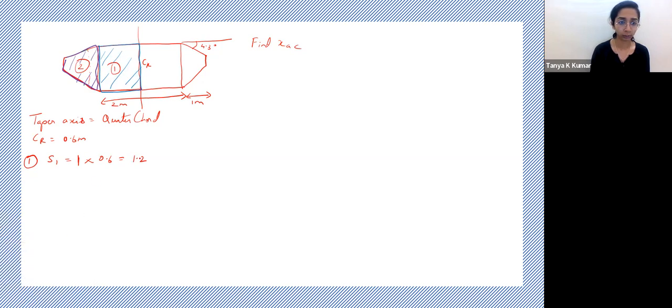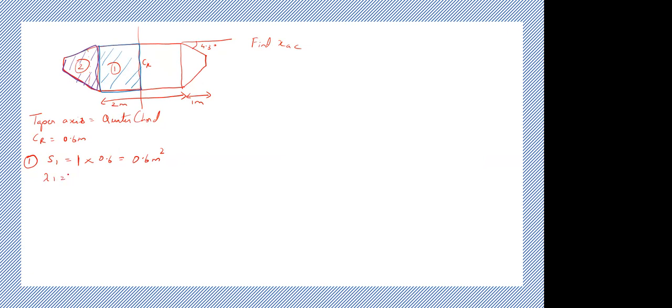So it'll be 1 into 0.6, which is 0.6 meter square. Next, let's find the taper ratio, which will be 1.